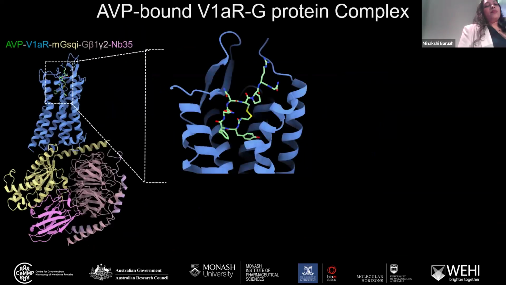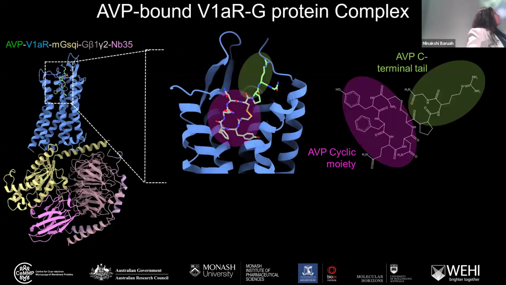As I already mentioned, AVP has two different parts structurally, the C-tail at the top and the cyclic ring. So in our structure, the cyclic ring of AVP occupies deep within the binding pocket, whereas the C-tail moves upward toward the extracellular domain.